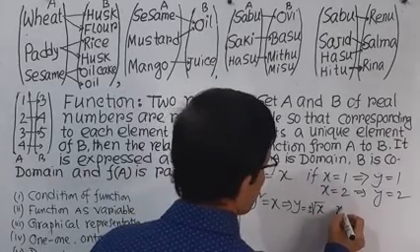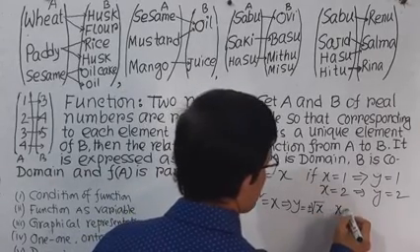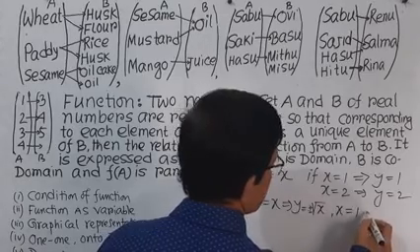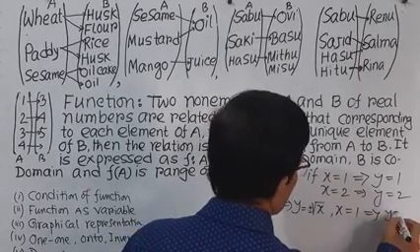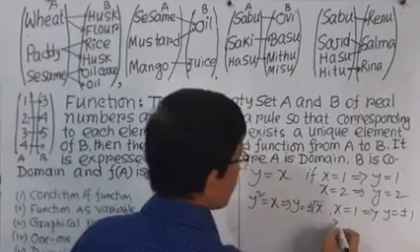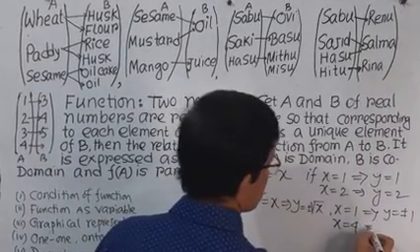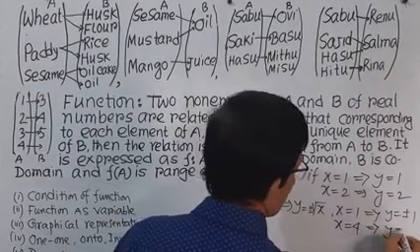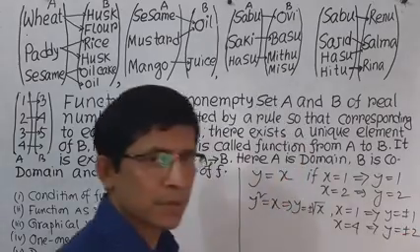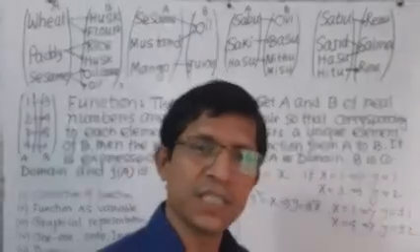If x equal 1, then y equal plus minus 1. If x equal 4, then y equal plus minus 2. So what happened there?